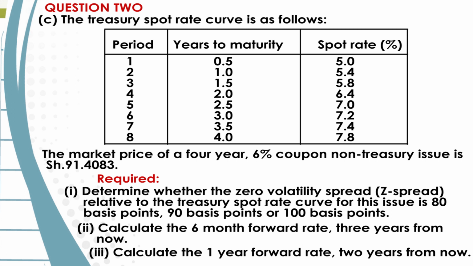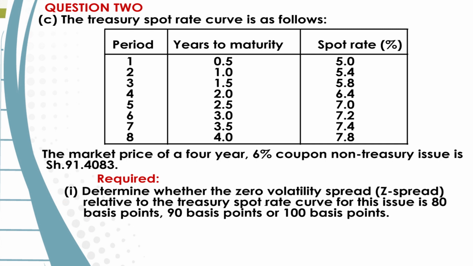So Roman 1, determine whether the zero volatility spread, which is the Z spread, relative to the treasury spot rate curve for this issue is 80 basis points, 90 basis points, or 100 basis points.